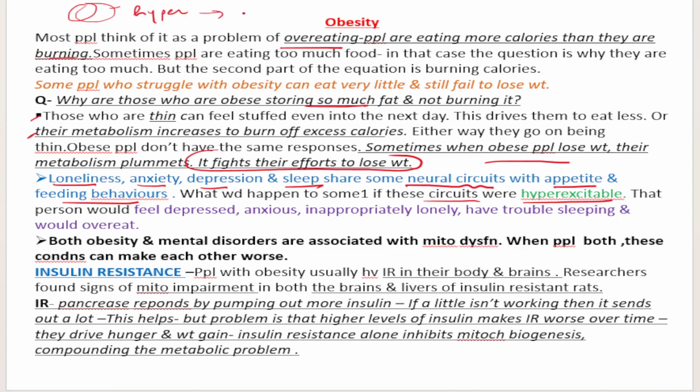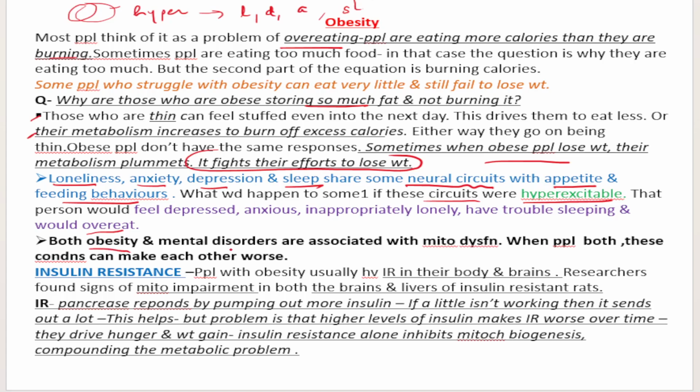Then that person would feel lonely, depressed, anxious, and will have trouble sleeping also, and will also overeat, because the neural circuits for loneliness, sleep, and appetite are overlapping.